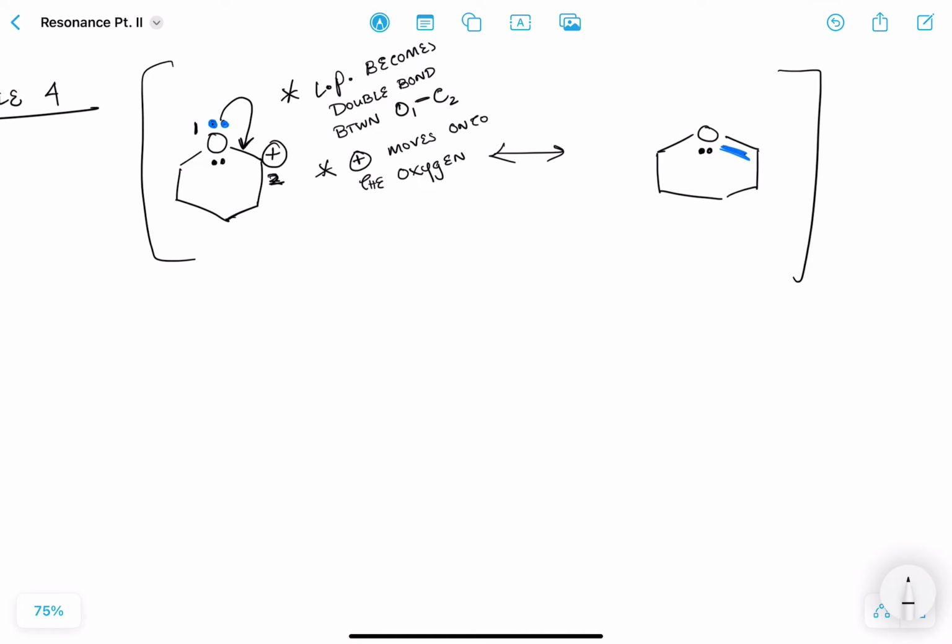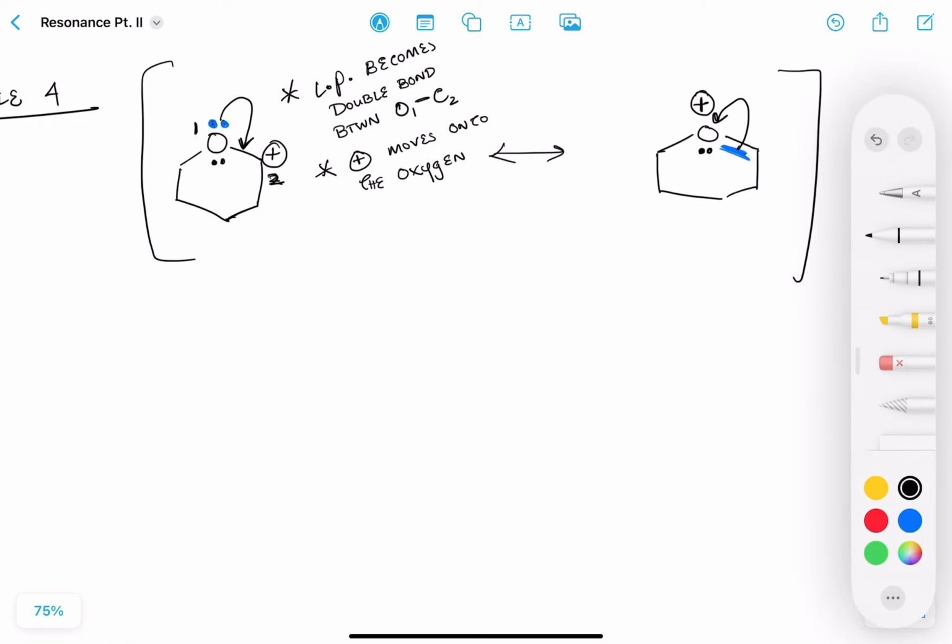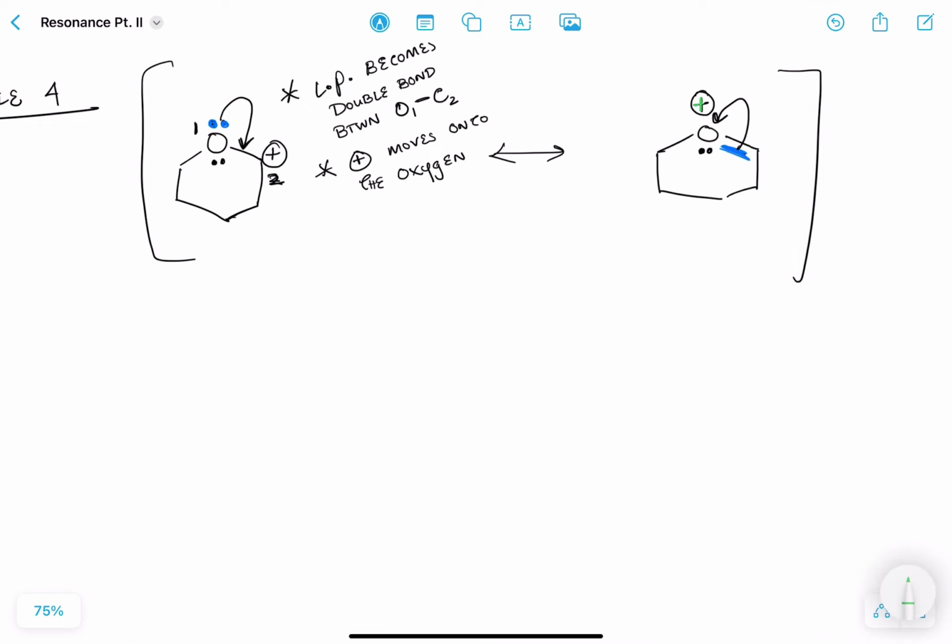If I have to draw the reverse and go backwards, I would draw from the double bond going back onto a lone pair, and the positive charge, which I forgot to draw, should be here. Let me go ahead and draw it in a different color.